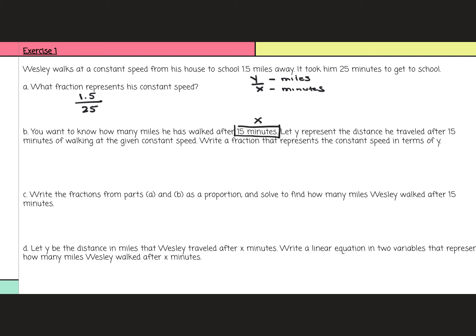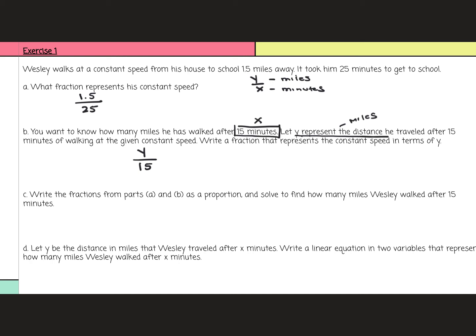We have y, which is going to represent the distance or the miles traveled. For this problem, we don't know what our miles are, so miles is y. So we have y over 15. That represents our constant speed in terms of y.